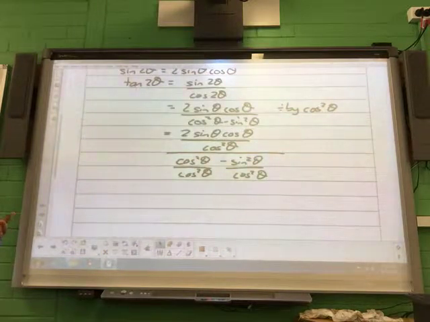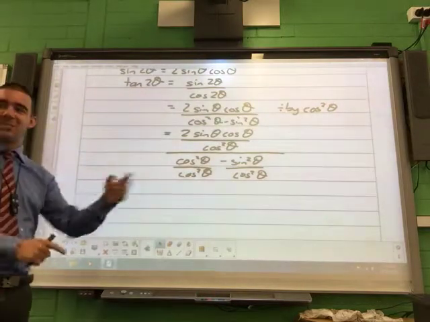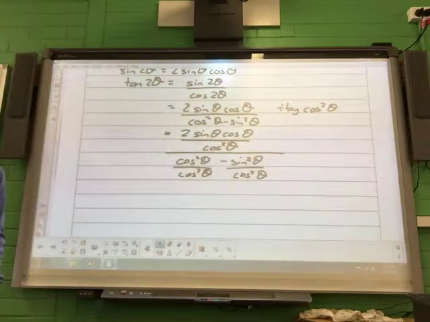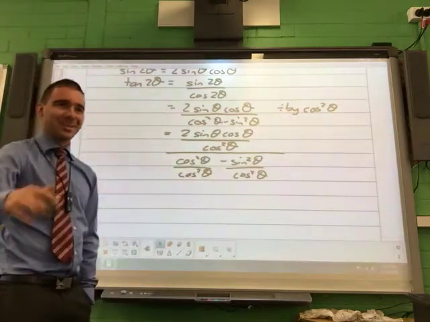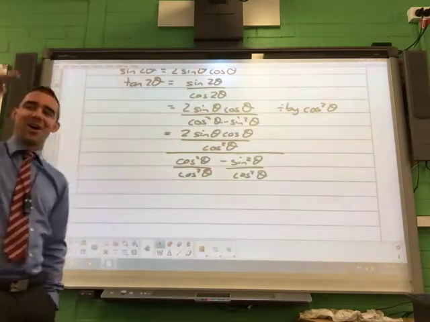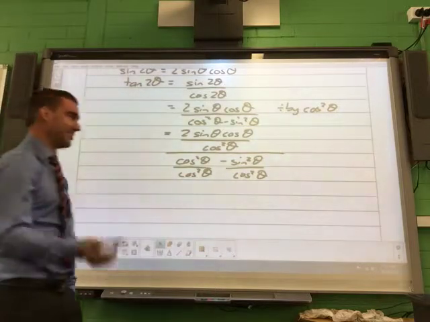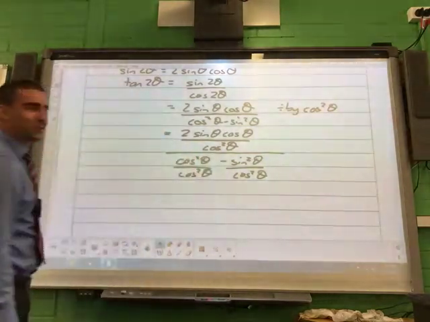So for the bottom, 1 minus tan squared theta, and on top 2 tan theta. You said 1 minus tan over 2 tan theta, but that's the other way around, and that would be cot 2 theta.